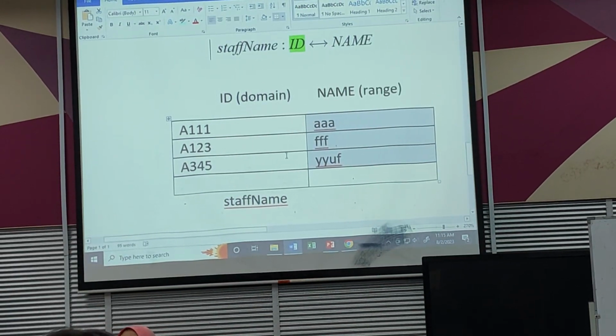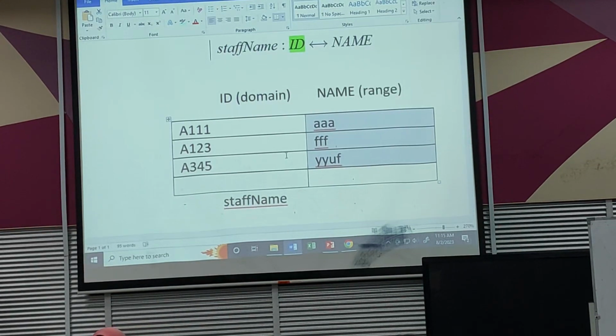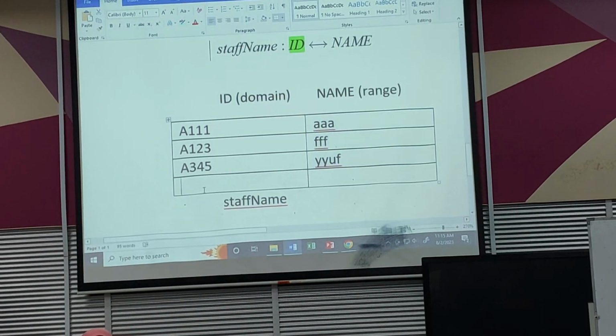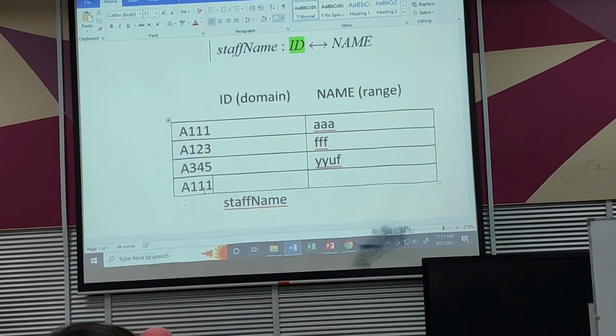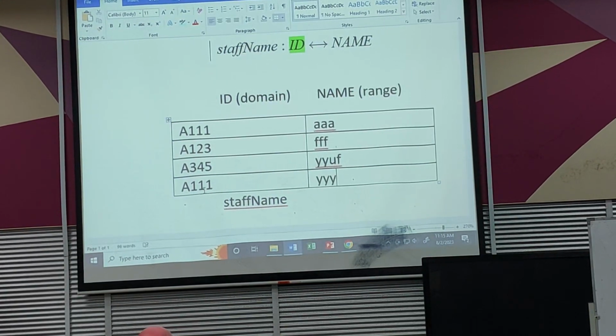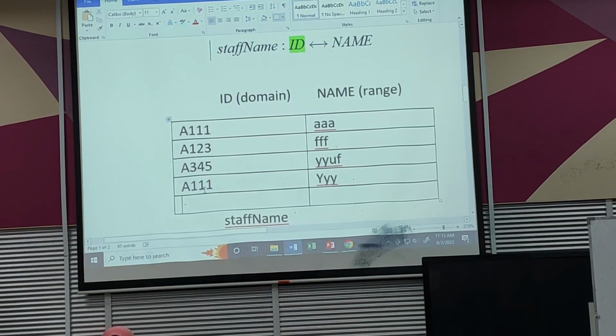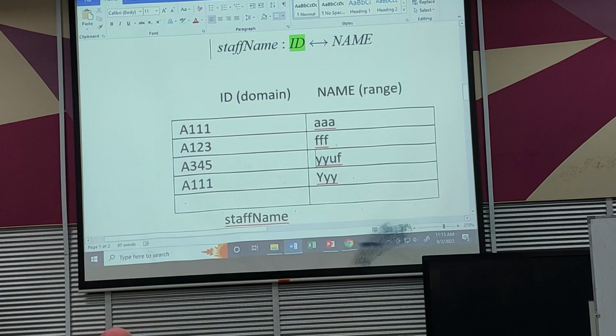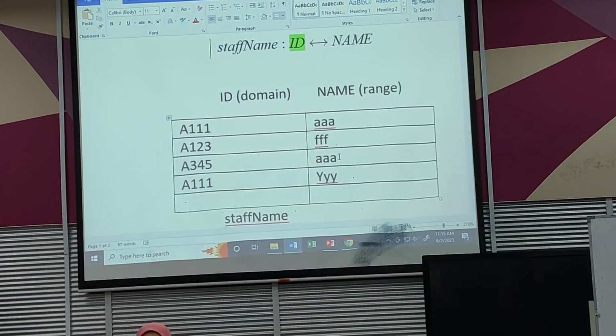So let's say you want to search. Because I have many to many, in this case I may have another one, maybe AAA here. For now we are concentrating on many to many in this relationship, but actually in real life this is wrong, because an ID cannot be duplicated.